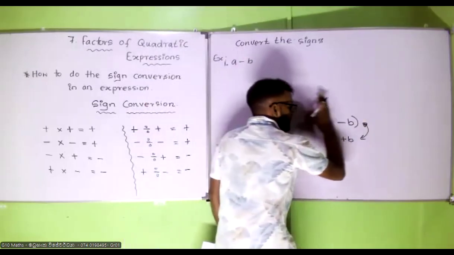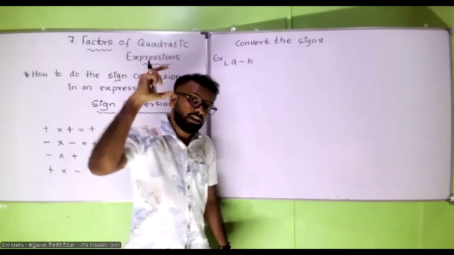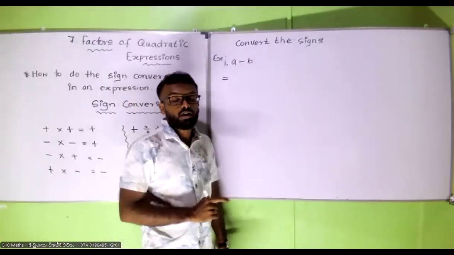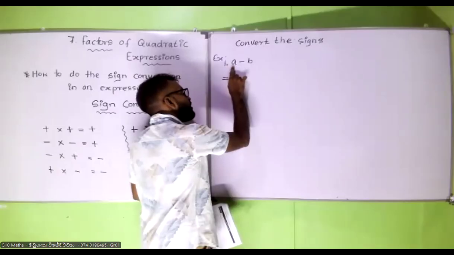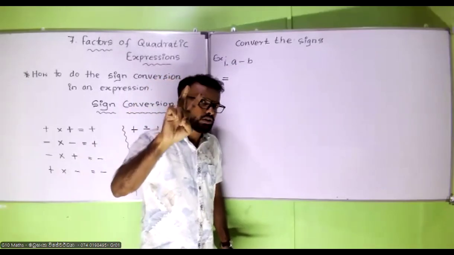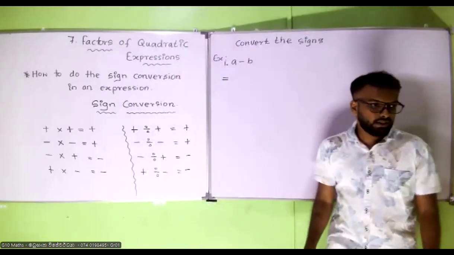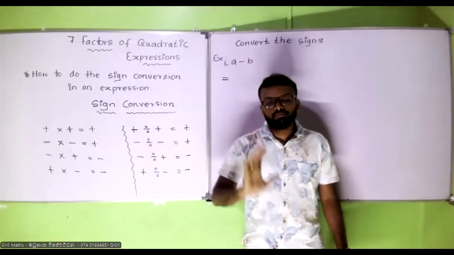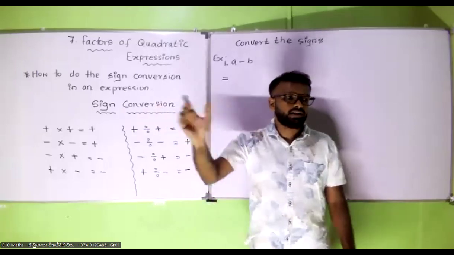If we want to obtain an expression which is equal to this one, can anyone tell me, by looking at this positive A and negative B, what would be the common term for both? Think a little bit. For this one and this one, there is a common term, without signs.